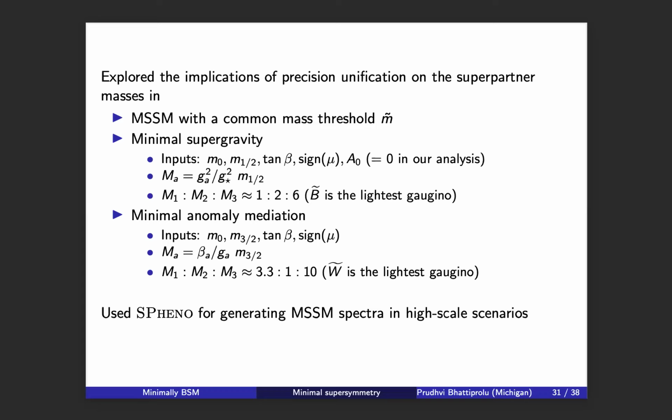In this setup, the gaugino masses are loop suppressed from the gravitino mass, and from that we have a prediction for the gaugino mass ratio. In minimal anomaly mediation scenarios, Bino is the lightest gaugino. And we used SPheno for generating the low energy MSSM spectra in these two high scale scenarios, the mSUGRA and AMSB.